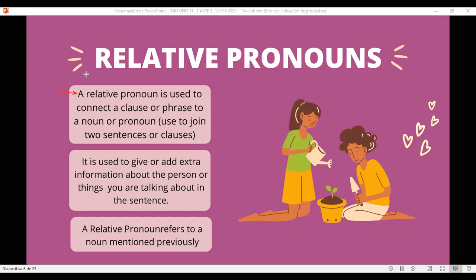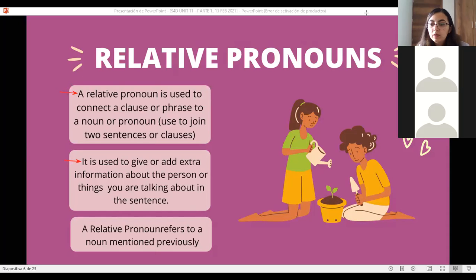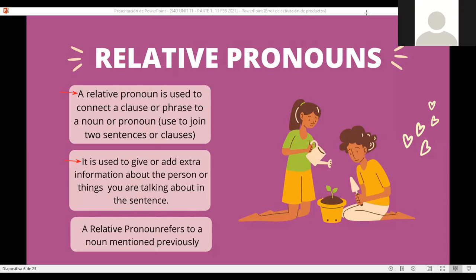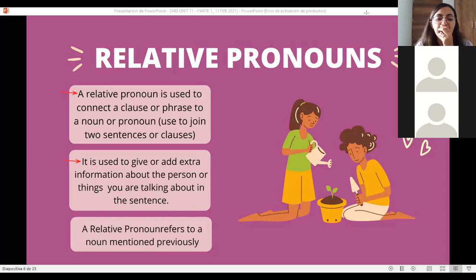Now, can you help me reading the next part, please? Can you please help me reading this, darling? It is used to give or add extra information about the person or things you are talking about in the sentence.